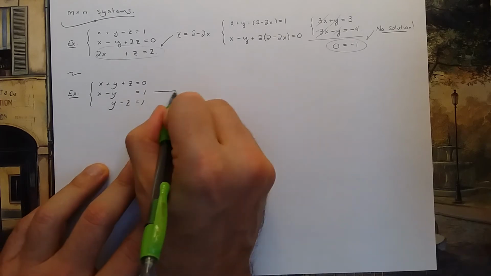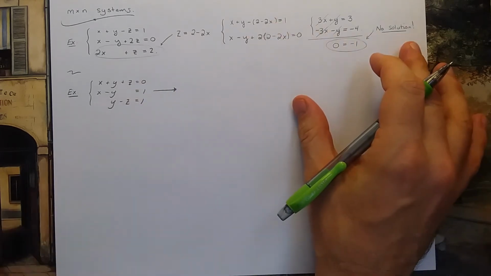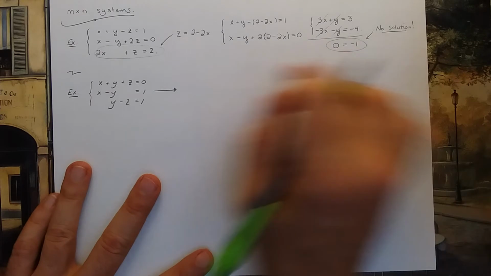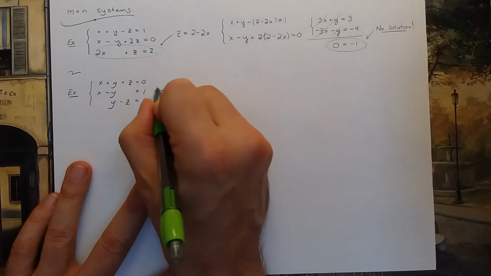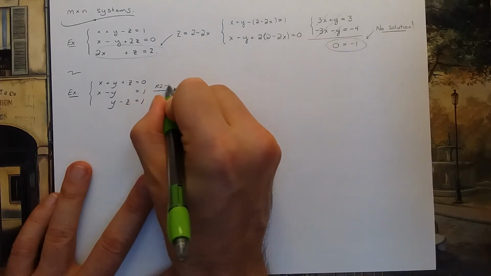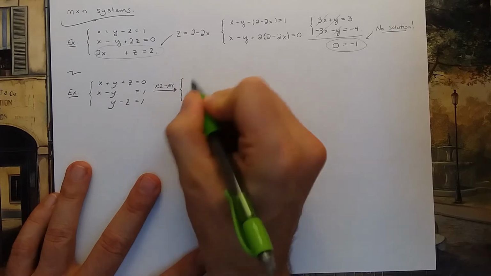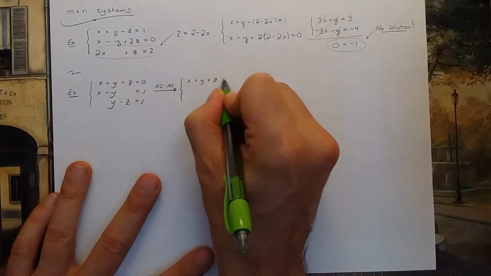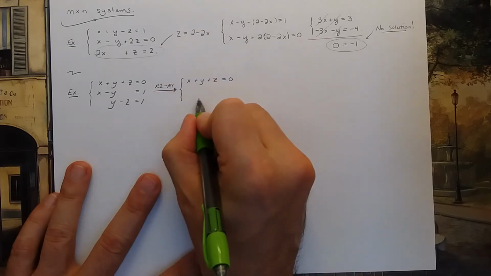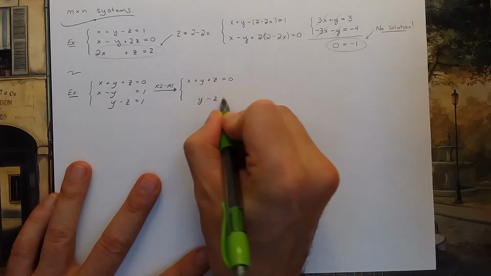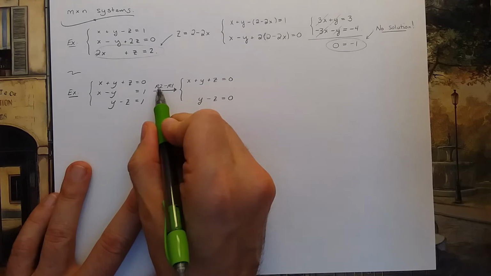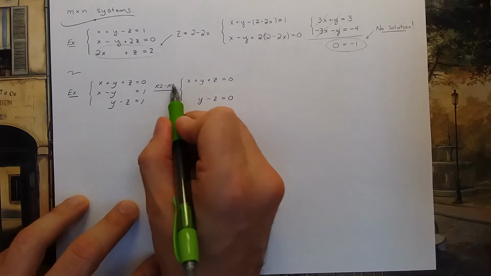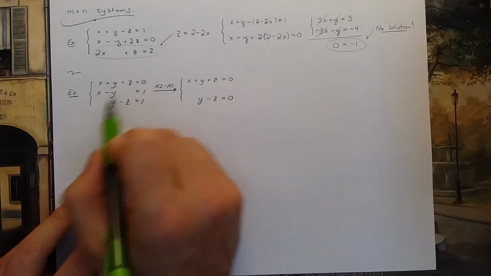I'm going to perform various row operations on the rows of this system. The first one I'm going to do is take row 2 and subtract away row 1. So I'm going to leave row 1 the same. I'm going to leave row 3 the same, and I'm only going to change the second row by adding, or actually subtracting, row 1 from it.